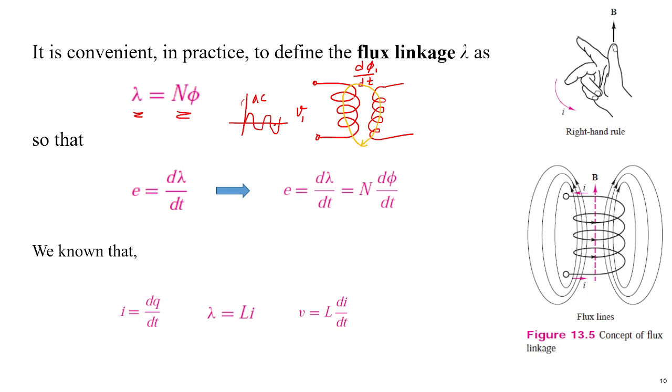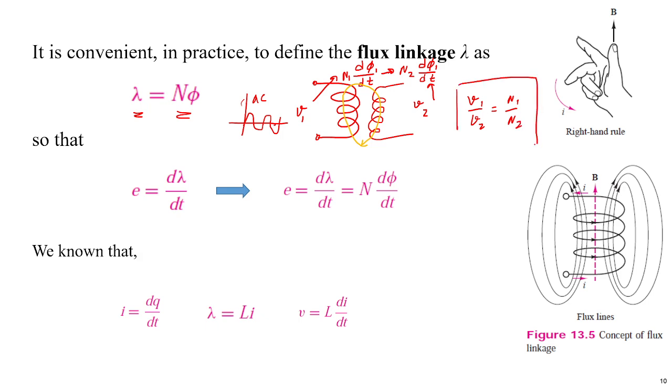Vi is N1 d flux by dt. On the other side, it will be induced by N2 d flux by dt, producing V2. These two fluxes are the same. Then V1 by V2 equals N1 by N2.